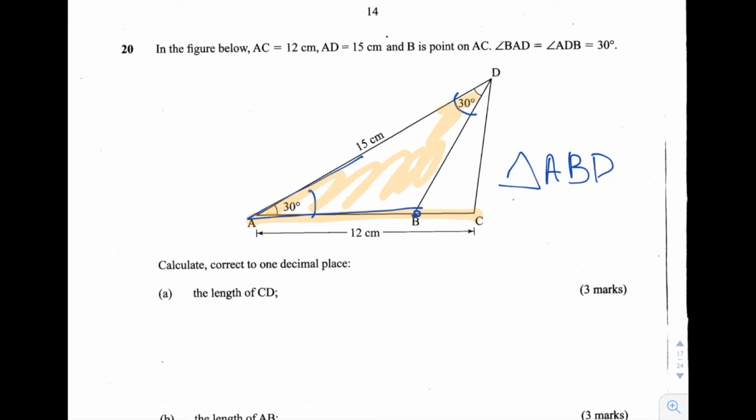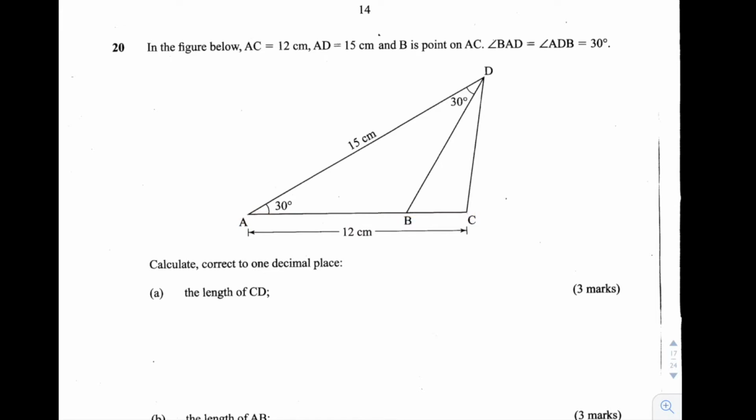So part A asks us to calculate, correct to one decimal place, the length of CD. And that line CD is this line here.